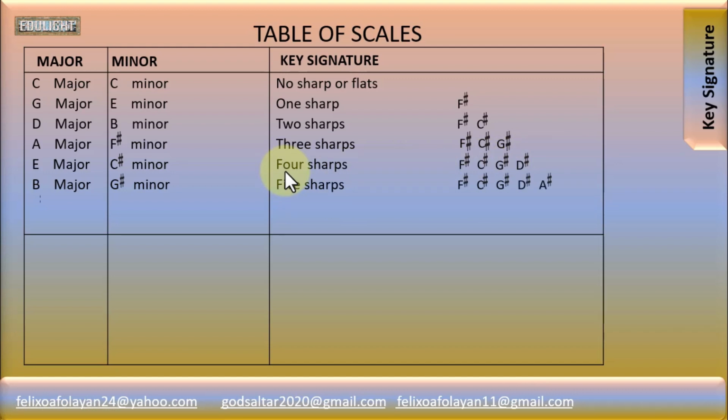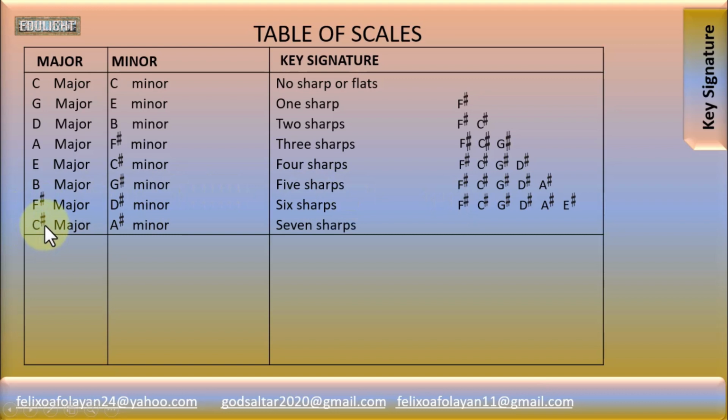B major has 5 sharps. F sharp major has 6 sharps. And when you go to C sharp major, it has 7 sharps.